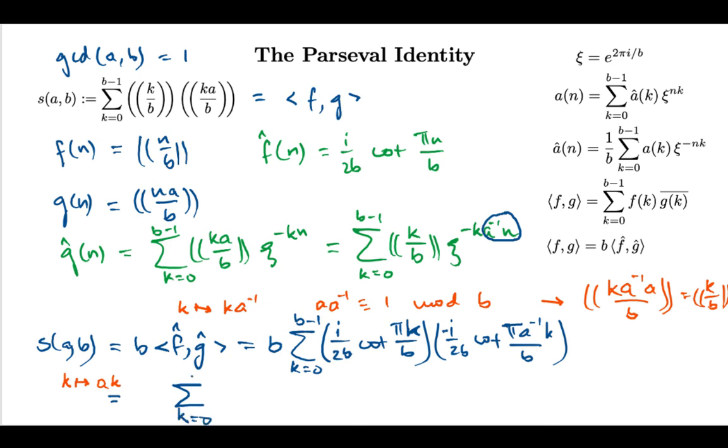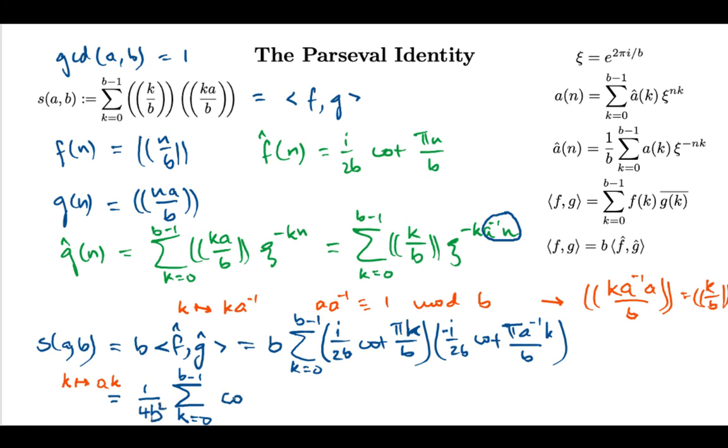So again, we're running through all k modulo b. I should figure out the constant up front. So I have a minus i squared and a b over 4b squared. So that's a 1 over 4b squared.